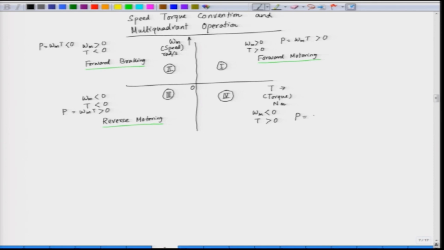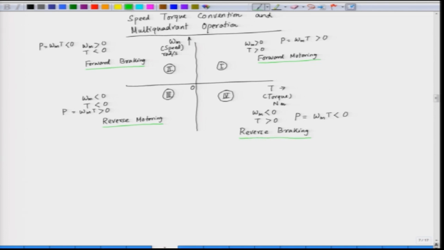Power is a product of speed and torque. This is negative. When the power is negative, it is braking, and since the speed is negative here, we call this reverse braking. So, the fourth quadrant characteristic is reverse braking.